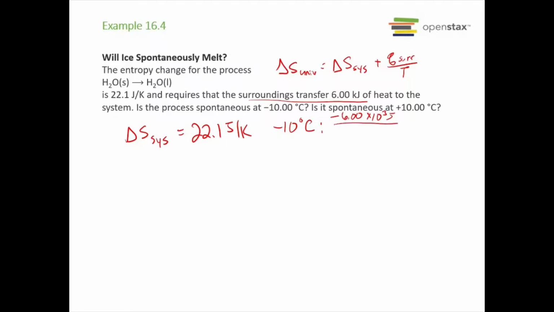We're doing this one at negative 10 degrees Celsius, which means we need to add 273.15 to make it into Kelvin. So this is divided by 263.15.